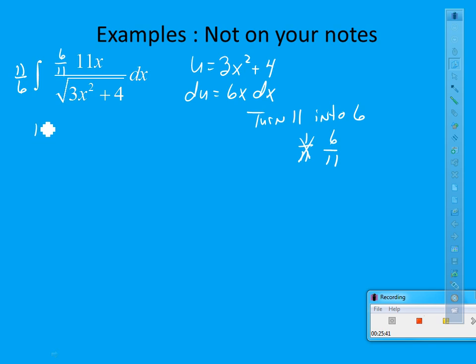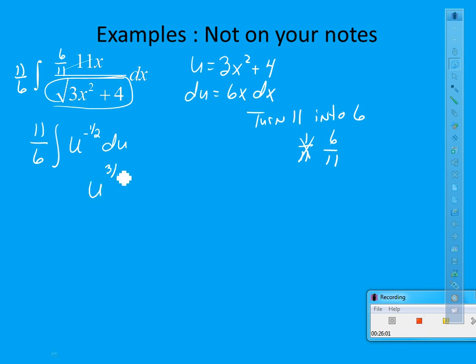So here goes 11/6, antiderivative of, this part becomes u to the negative 1/2. This part becomes du, because the 11's cancel off, and I got a 6x dx.